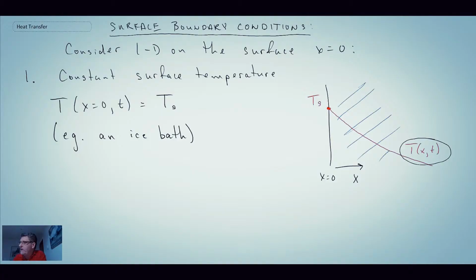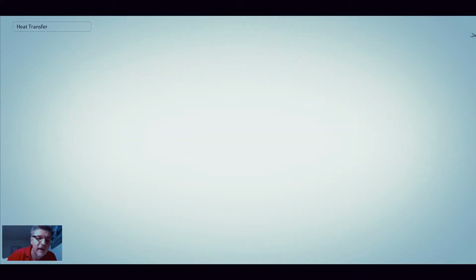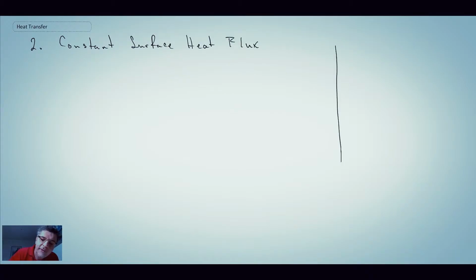Then we can have conditions where we have constant heat flux at the surface. So let's take a look at heat flux boundary conditions. Drawing out our object again.